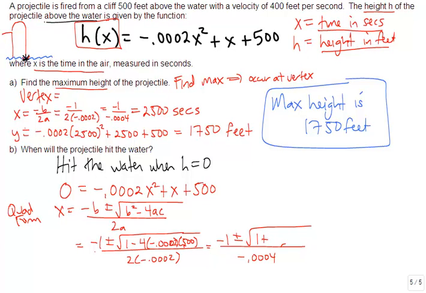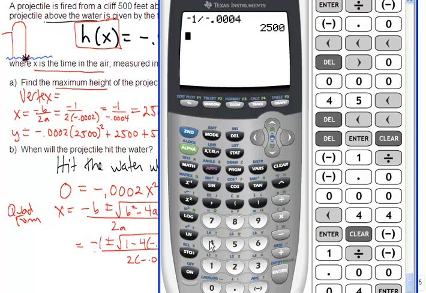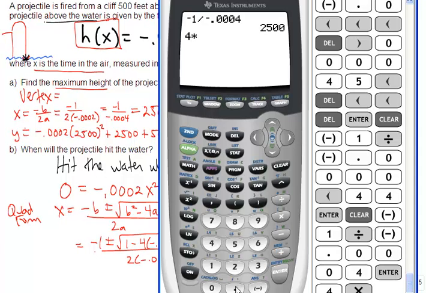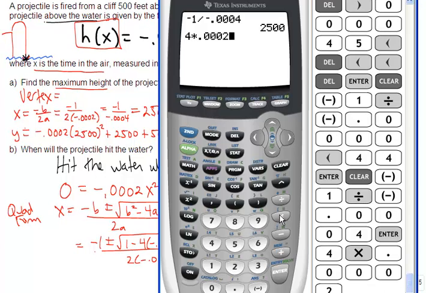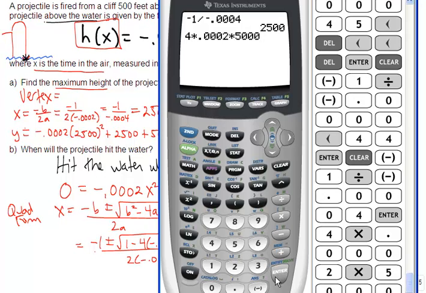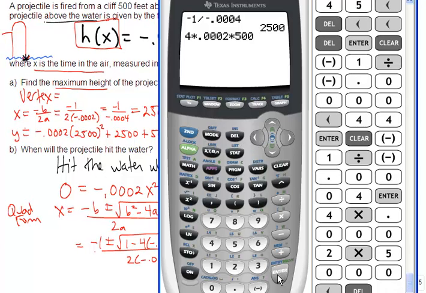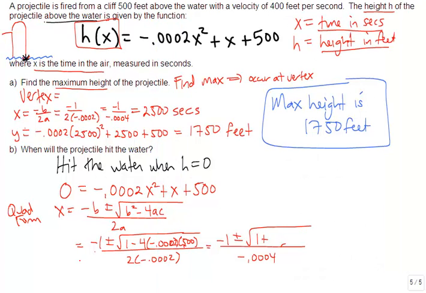So let's figure out what 4 times 0.0002 times 500 is. It's 0.4. So 1 plus 0.4 would be 1.4 under that radical.